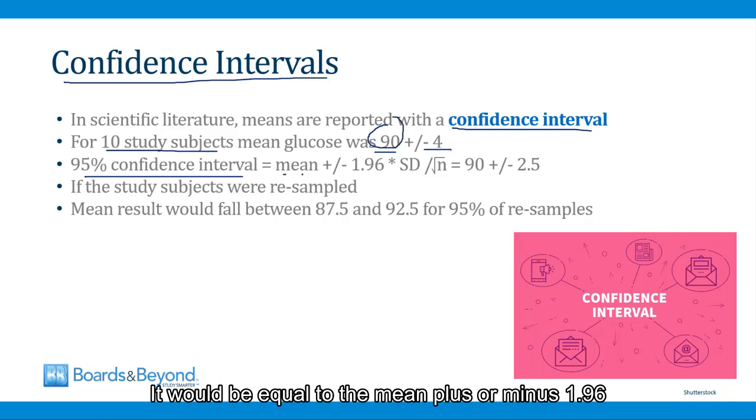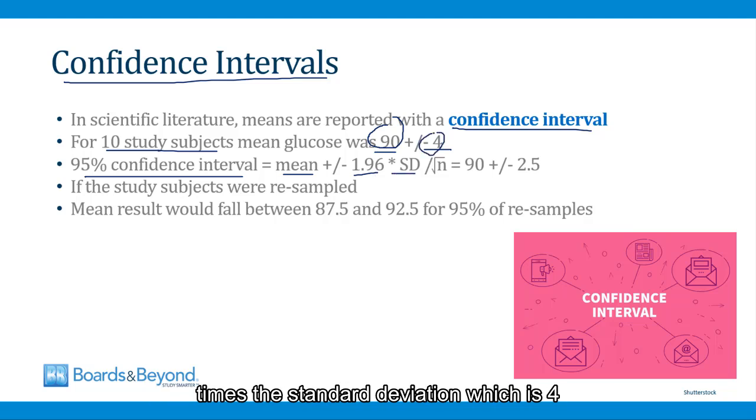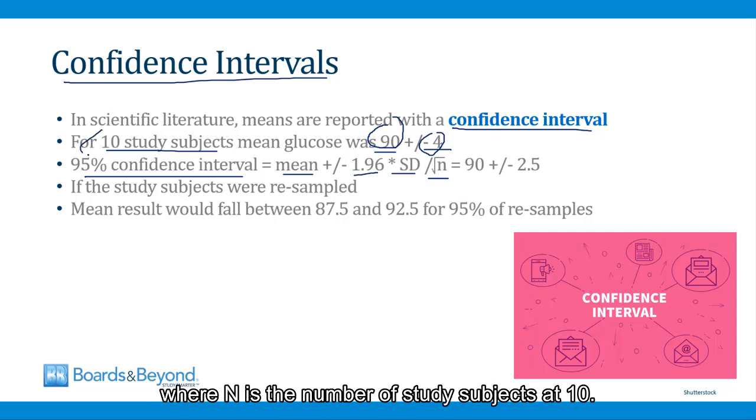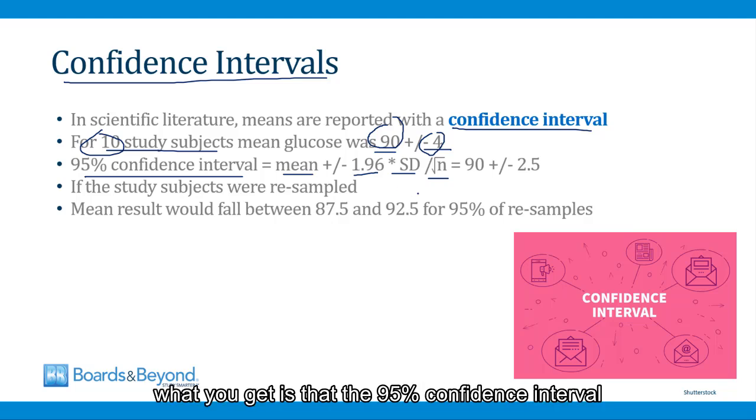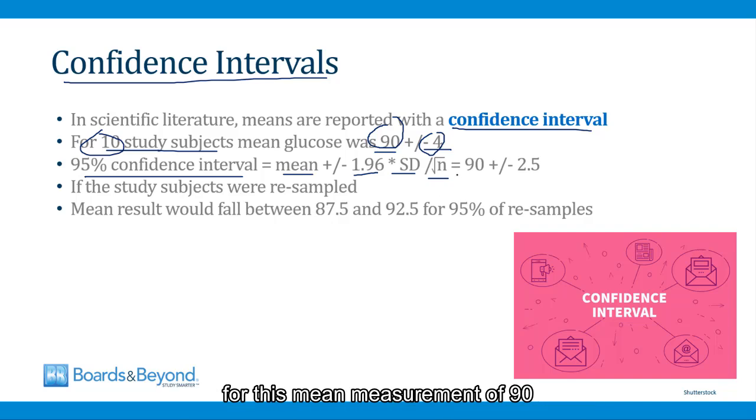It would be equal to the mean plus or minus 1.96 times the standard deviation, which is 4, divided by the square root of n, where n is the number of study subjects, 10. And so if you plug in the standard deviation of 4 and the n of 10, what you get is that the 95% confidence interval for this mean measurement of 90 is 90 plus or minus 2.5.